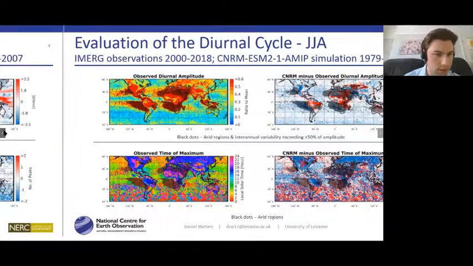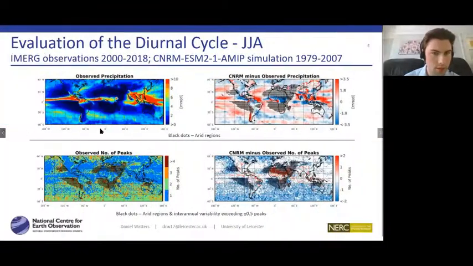Sorry, I think I skipped one slide too far. So the top two panels that I show here are the observed mean precipitation across the globe. And then on the right hand side, I show the CNRM AMIP simulation minus the observations. The black dots are just to highlight where there are arid regions in all the plots.